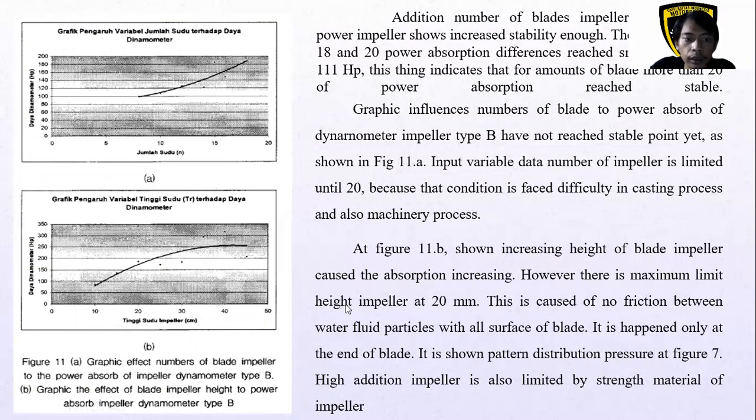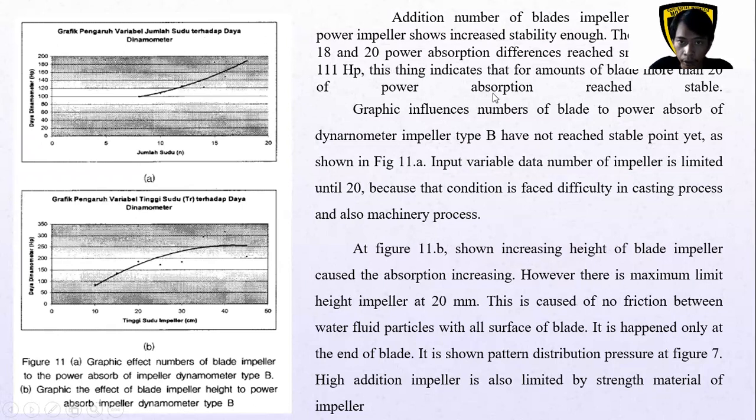And the next is the addition of the number of impeller blades to the power absorption, so it increases stability. Now, with blade amounts of 18 and 20, the power absorption difference becomes small, 105 and 111 horsepower.